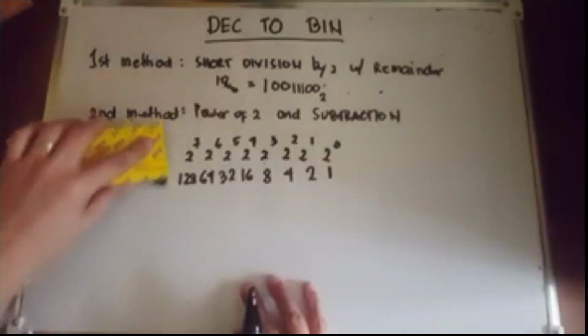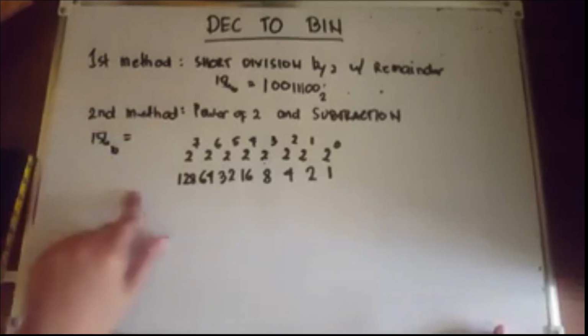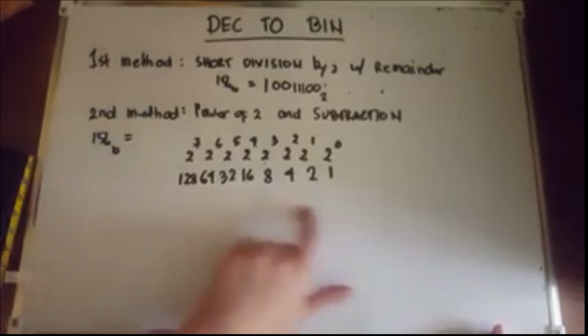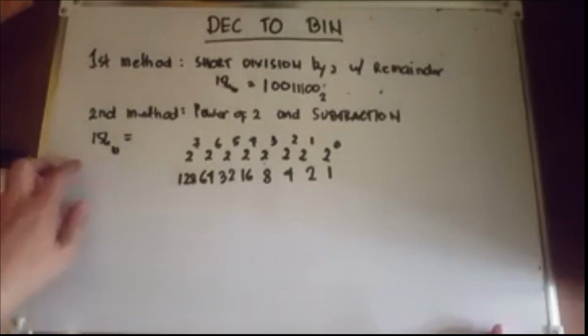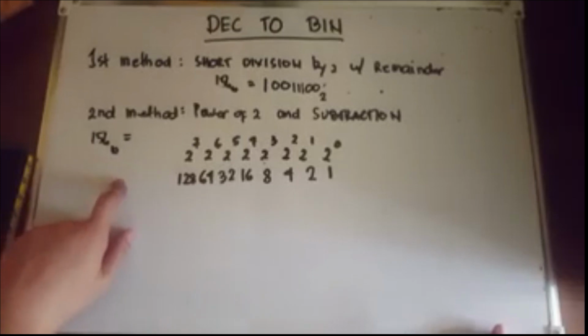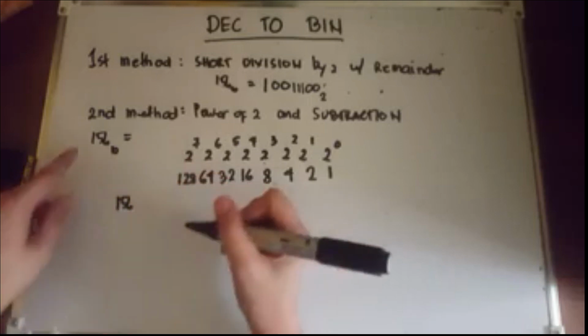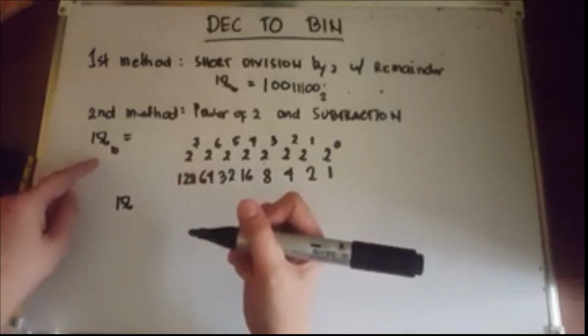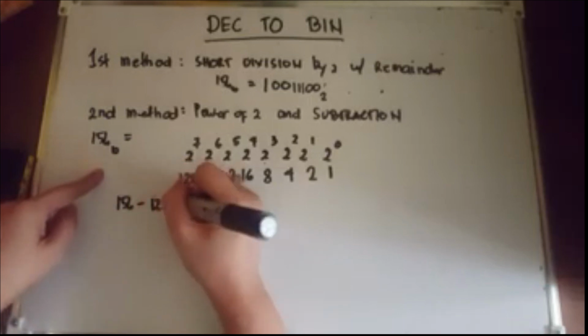Okay, so now we're going to start, because these are just the numbers that comprise the value of 156. So we're gonna start with 156. The next highest number under 156 is 128.